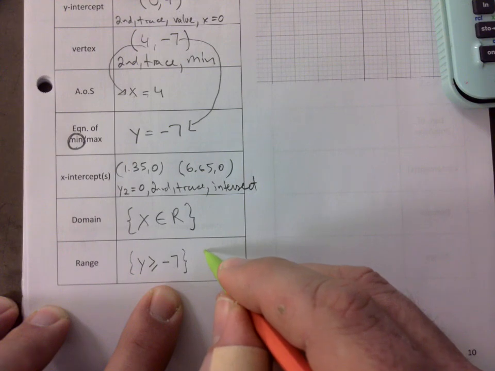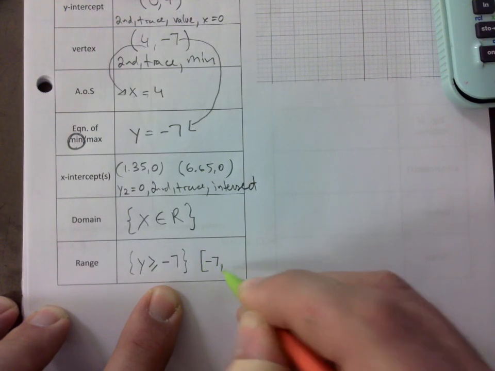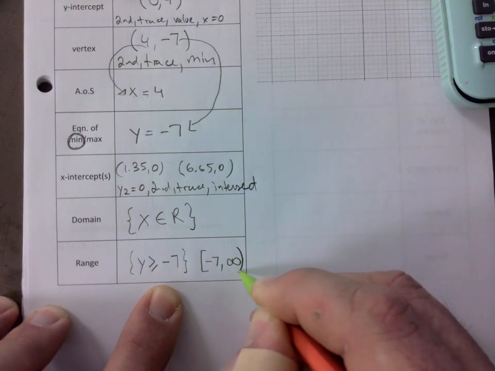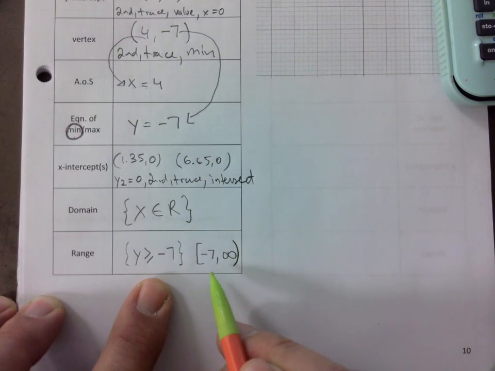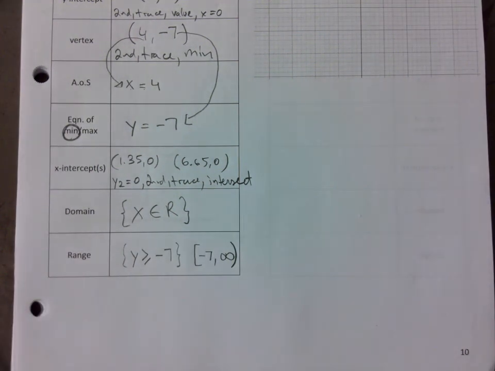When it comes to interval, you want to go from -7 all the way to positive infinity, round bracket. So the range is a little different there. Okay, we're going to graph it. Problems, but we'll deal with it when we get there, okay?